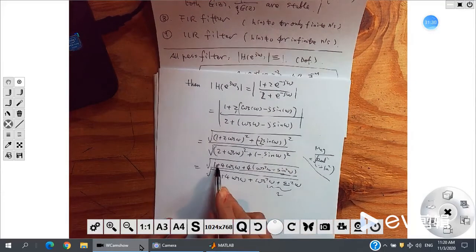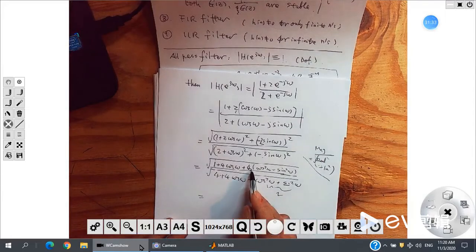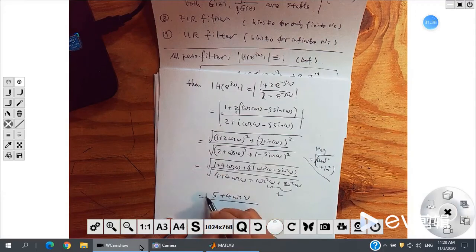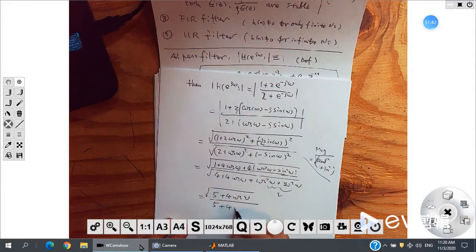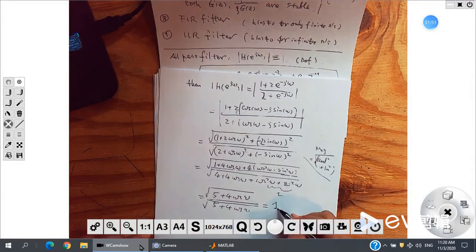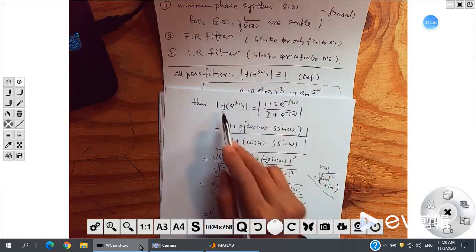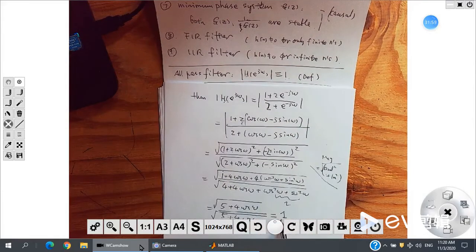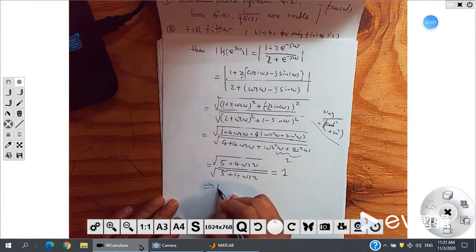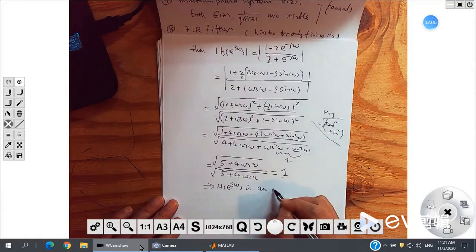Then you see the numerator is 1 plus 4 is 5, plus 4 cosine omega, take square root. And the denominator is 4 and the 1, that is 5, plus 4 cosine omega. Alright, what is it? It is 1. Okay, you see? Its magnitude is 1. So this is an all-pass filter, right? H of e to the j omega is an all-pass filter.